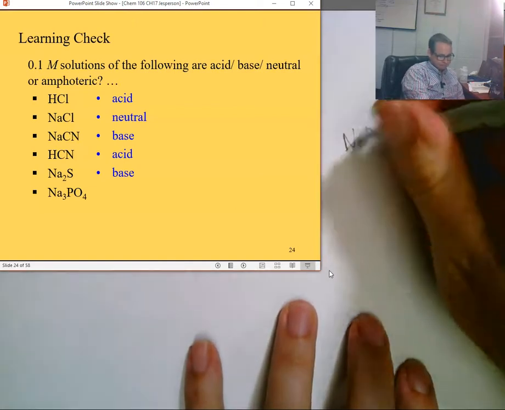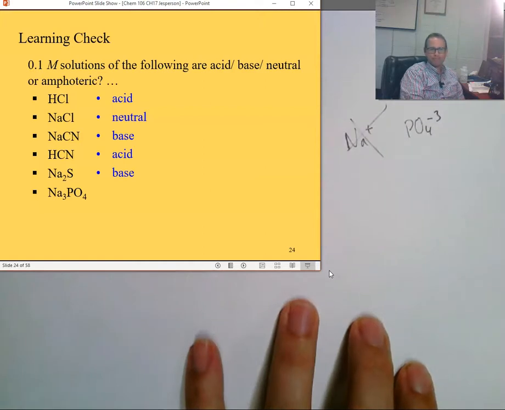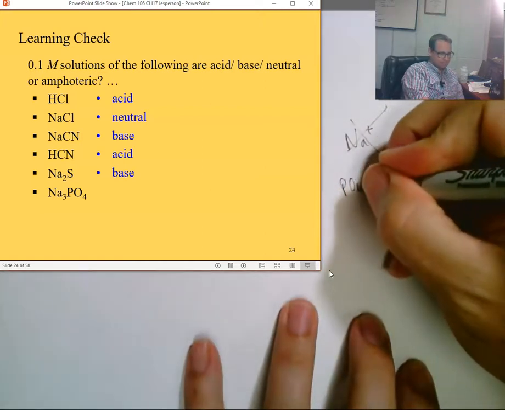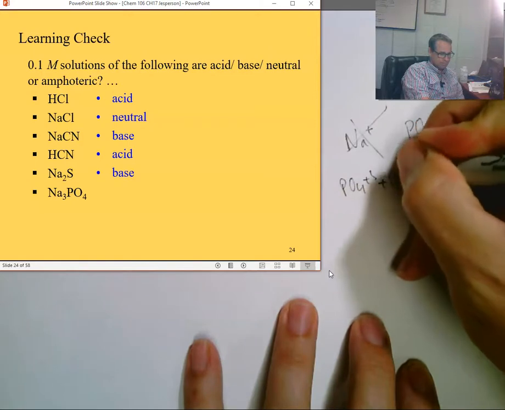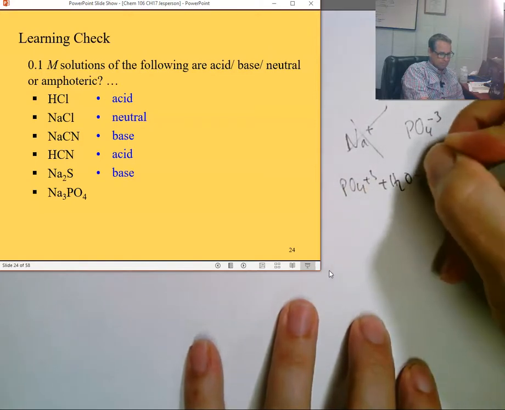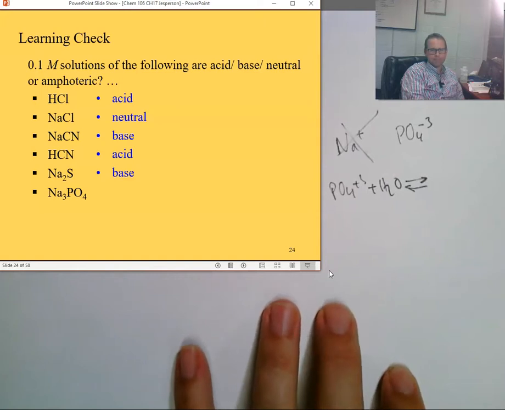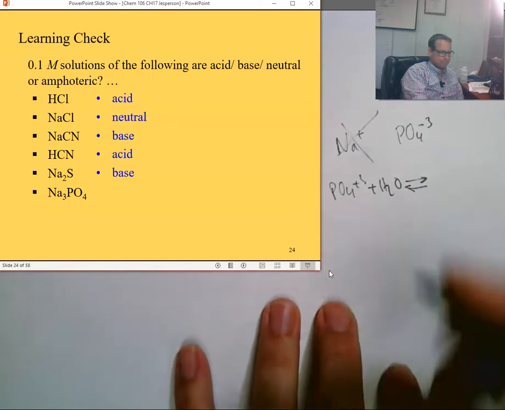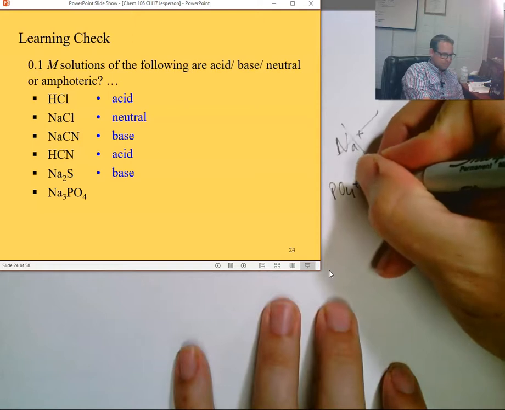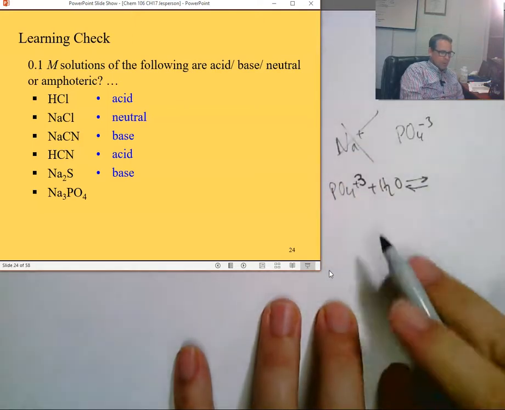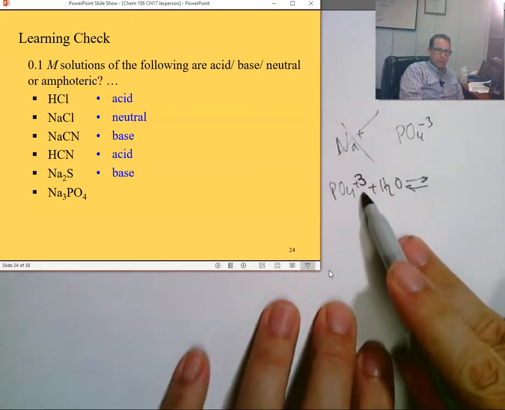Okay. So if you react PO4 with H2O, I don't really know how that would react. Okay. Well, we have a -3 charge here, right?